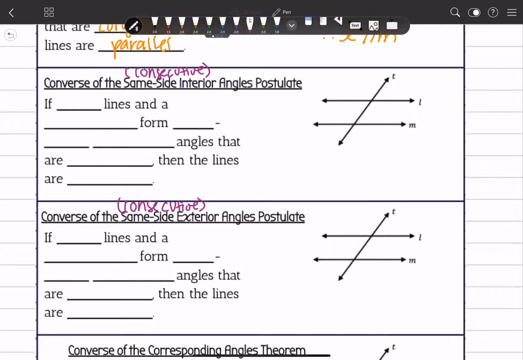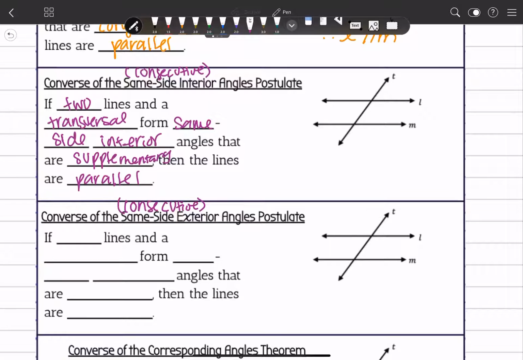So if two lines and the transversal form same side interior angles that are supplementary, then the lines are parallel.